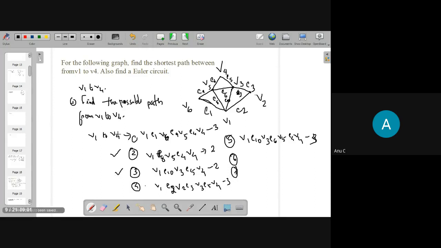Then the next part, find an Euler circuit from this graph. Euler circuit.